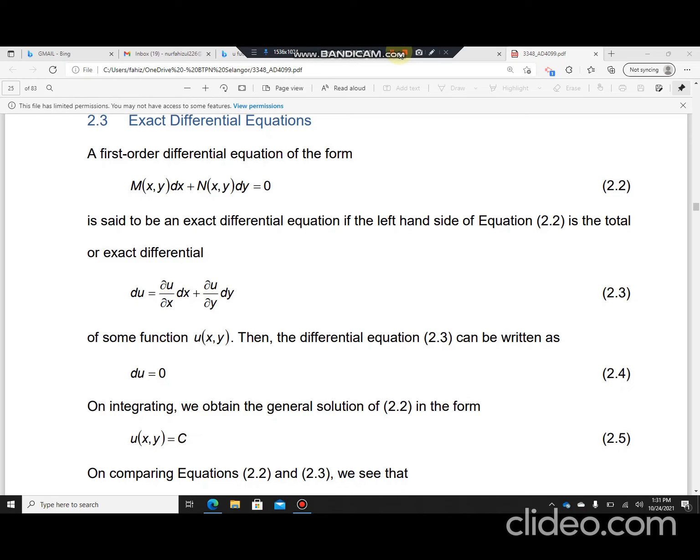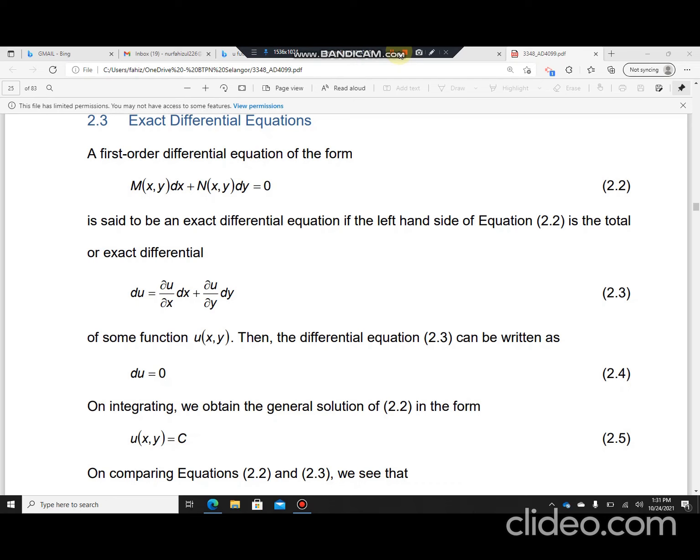A first order differential equation of the form M(x,y) dx plus N(x,y) dy equals 0 is said to be an exact differential equation if the left hand side of equation 2.2 is the total or exact differential du equals ∂u/∂x dx plus ∂u/∂y dy of some function u(x,y).